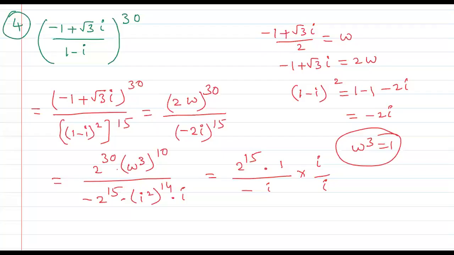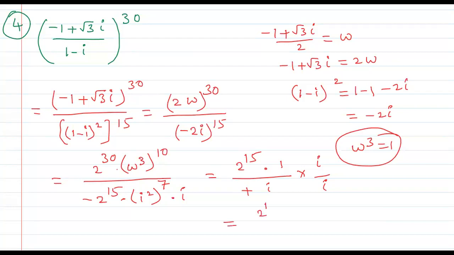Actually here I wrote (i square) whole power 14, this is wrong. It is (i square) whole power 7. i square value is minus 1, and here we get plus. Now multiply and divide with i.